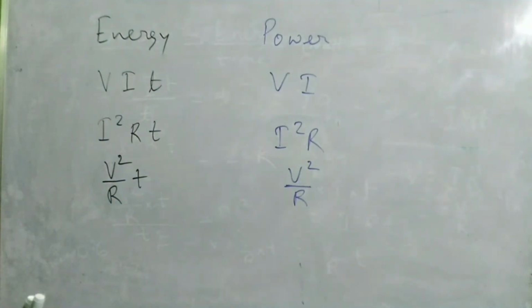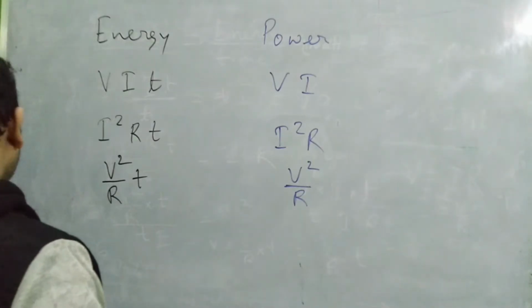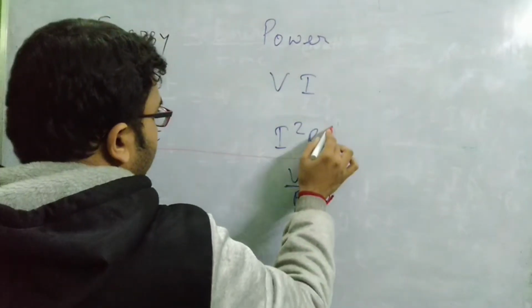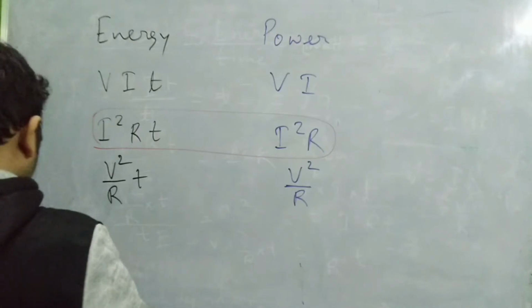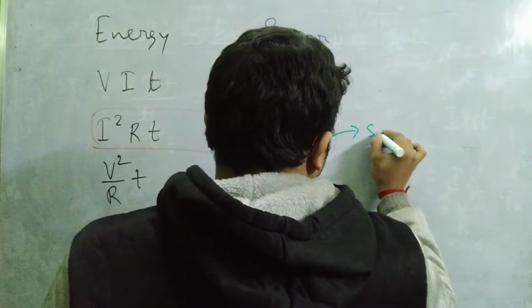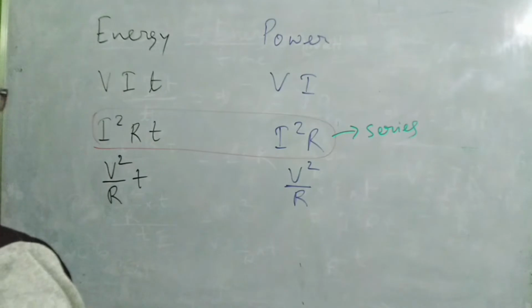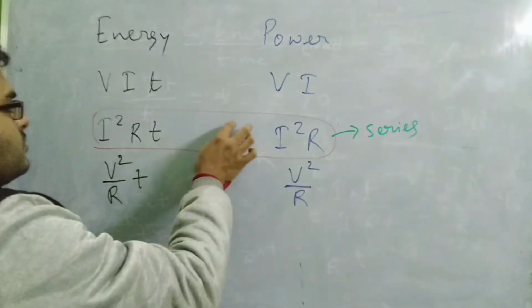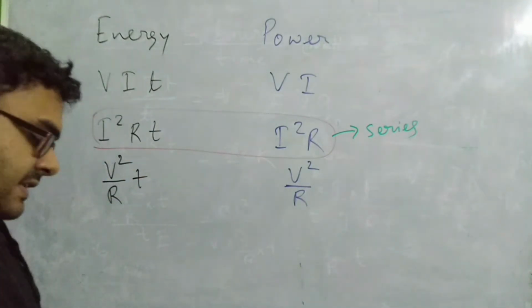Now remember one thing, the first formula can be utilized anywhere. Generally this second formula is applied when you have a series connection of resistors. Remember it will be easier for you to do the problems. Because in series connection the current remains constant, we use these two particular formulas for calculating the energy and power while the connection is given in series.